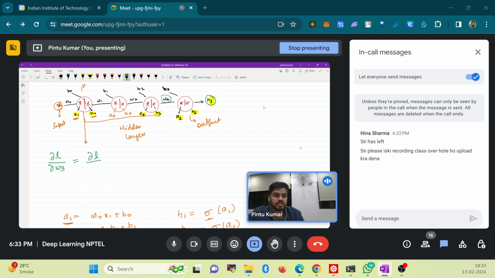So your loss function is y minus HL square. So loss is directly dependent on HL. Okay, so we should take its partial derivative with respect to HL, and then partial derivative of HL with respect to your W3. Okay, this is the first step that we are doing.